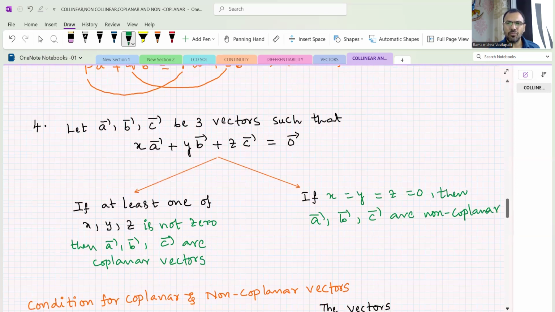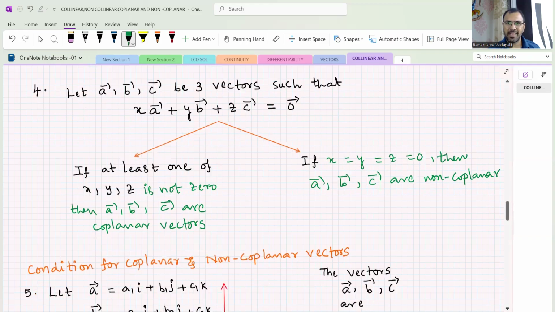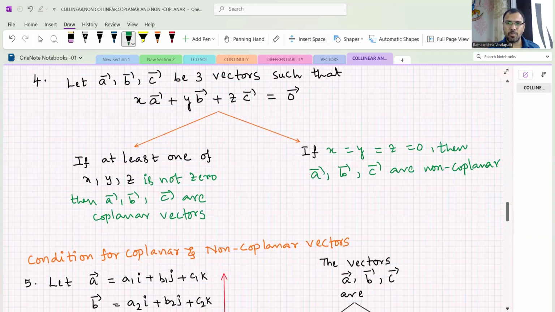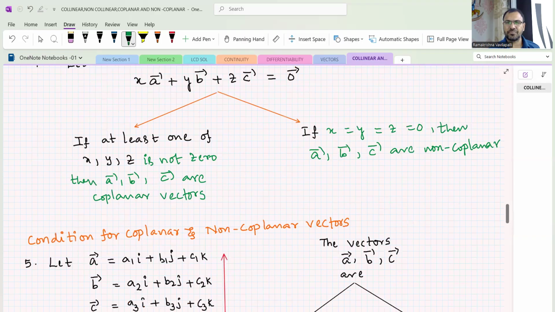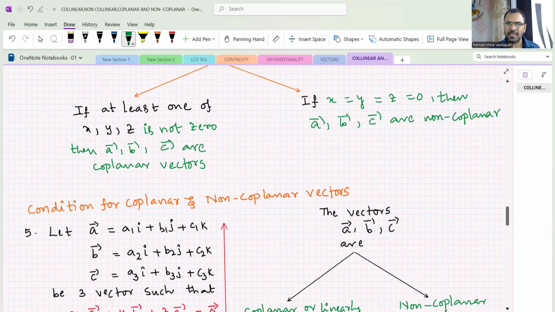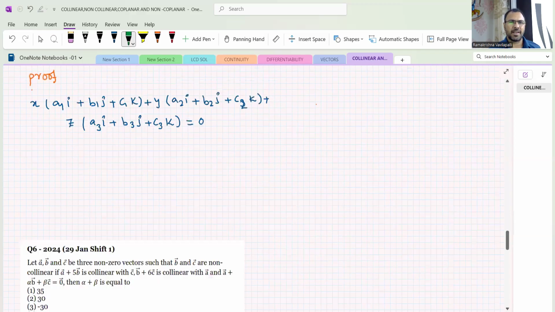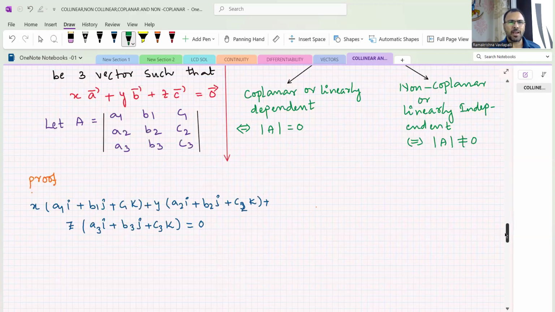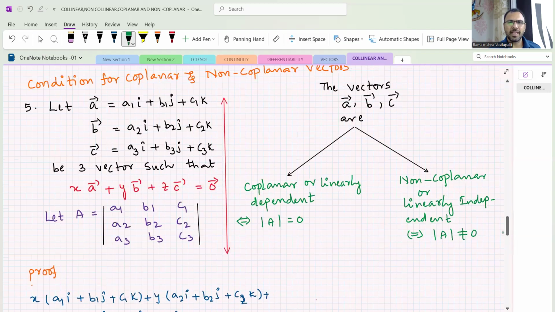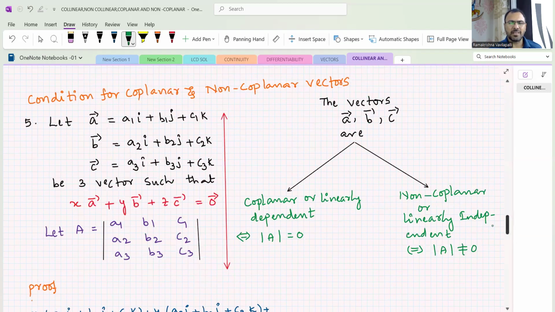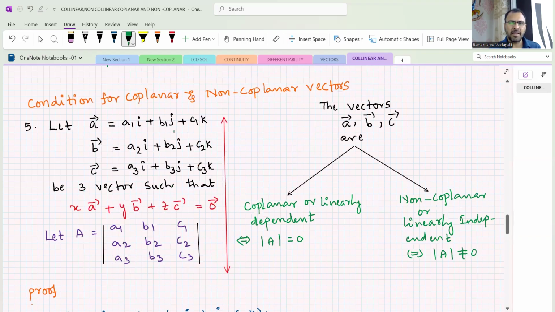Now, how to decide whether the given vectors are coplanar or non-coplanar using the determinant method? Here I will apply the application of matrices, solving of linear equations. So, the condition for coplanar and non-coplanar vectors. Consider three vectors A bar, B bar, C bar such that XA bar plus YB bar plus ZC bar equal to 0 bar.